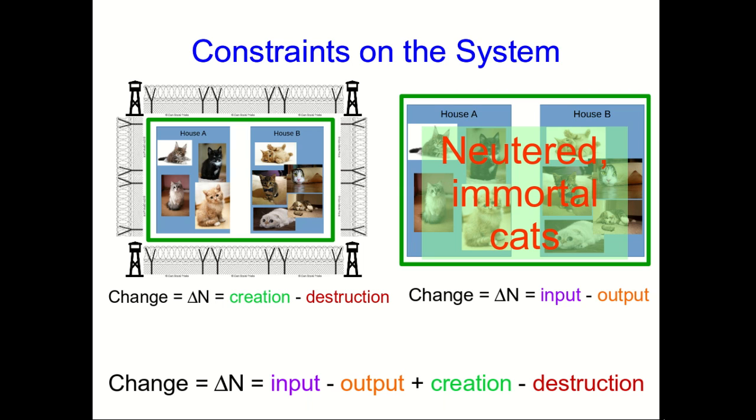This last situation turns out to be a really important one for physical quantities, because it turns out we often have physical quantities that apparently can't be created or destroyed. And so we give this situation a name. In this case, where we have this quantity n, and we think creation and destruction are impossible, we would say that n is conserved.